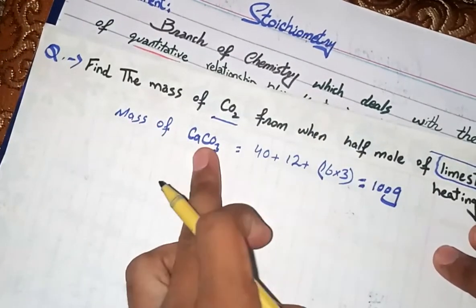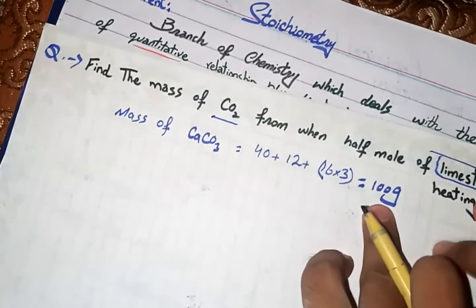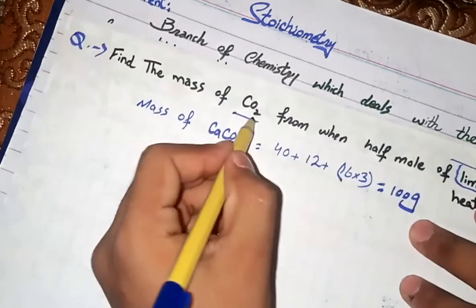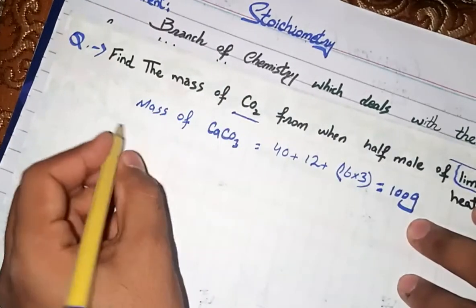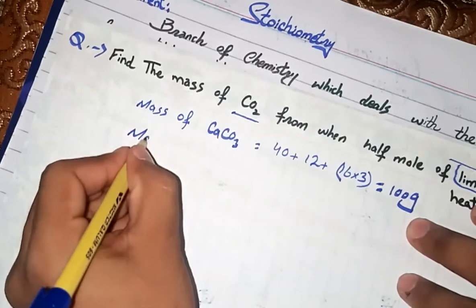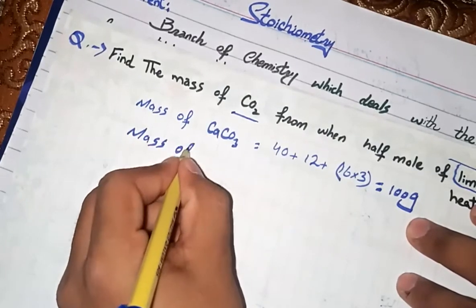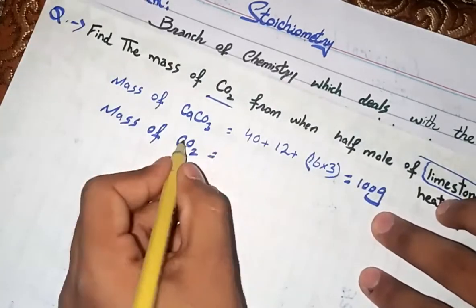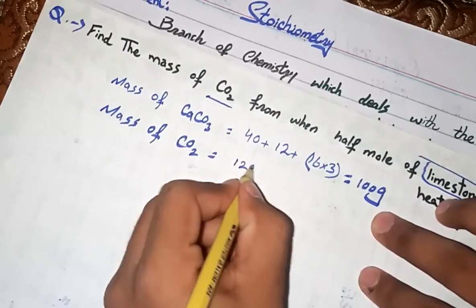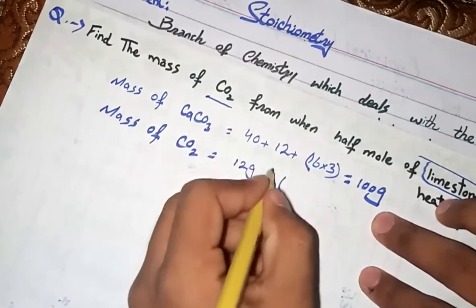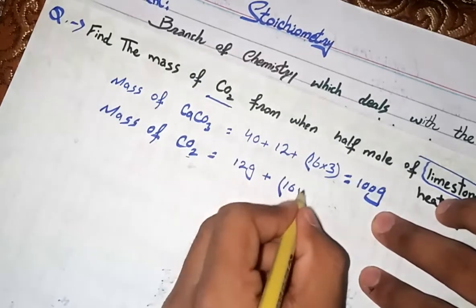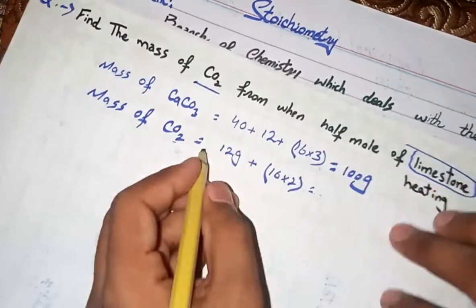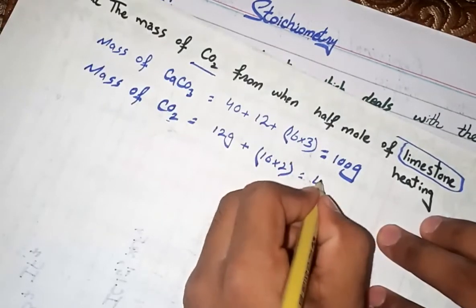So the mass of limestone is 100 gram. Now we calculate the mass of carbon dioxide: carbon 12 gram plus oxygen 16 multiplied by 2, which is equal to 44 gram.